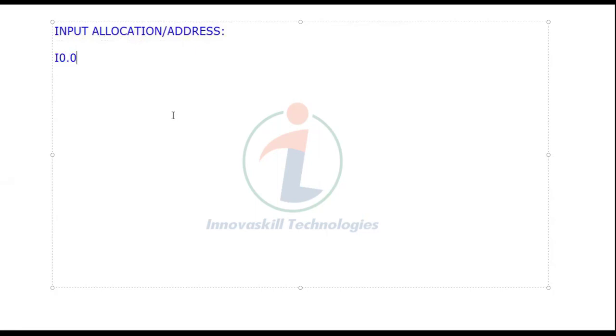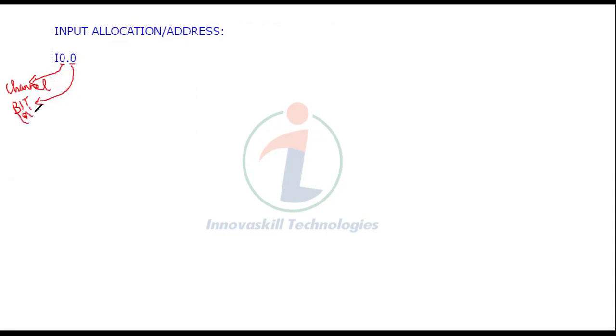In this I 0.0, the first 0 stands for the channel, and the second 0 stands for the bit or address or the terminal.